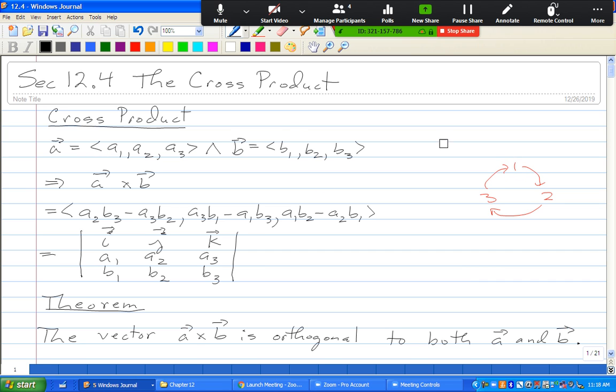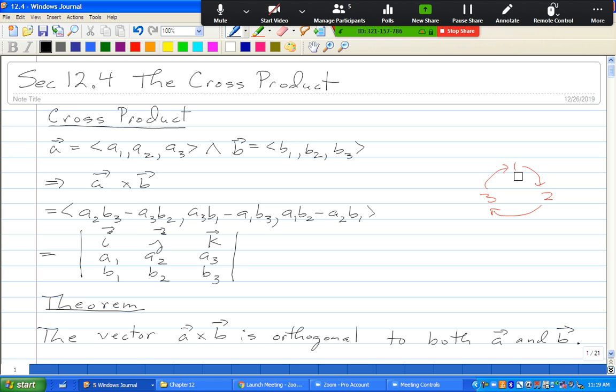Next component, 1, 2: A1 B2 minus B1 A2. And that is the cross product. However you memorize it is how it's done. This has something to do with the geometry of space, and that's why this trick works. So, the geometry of R3.